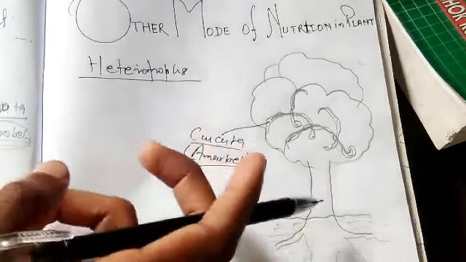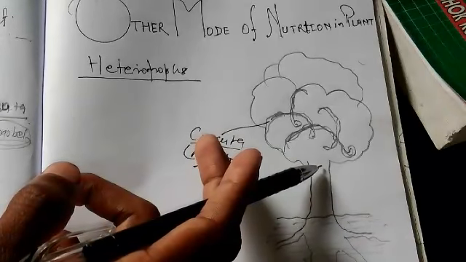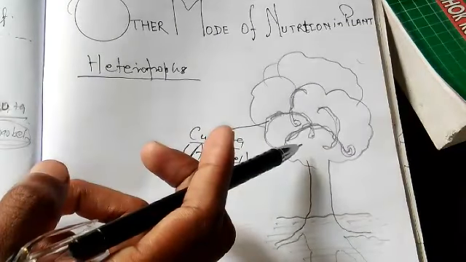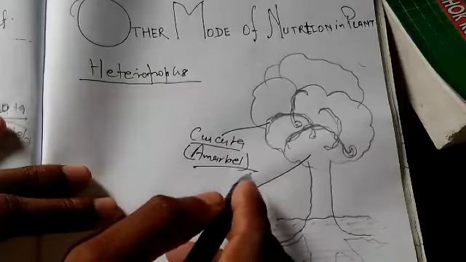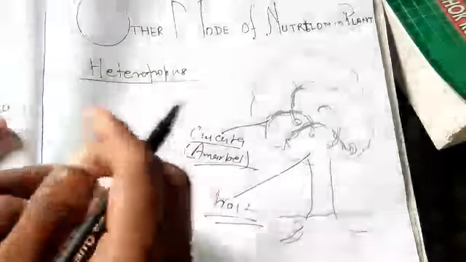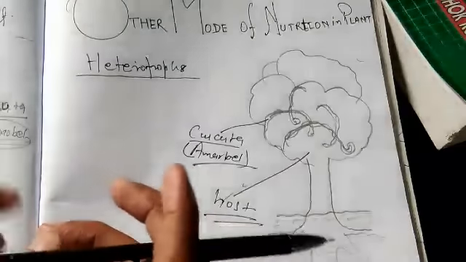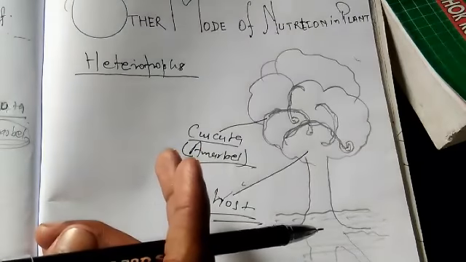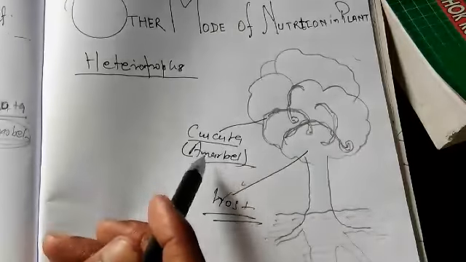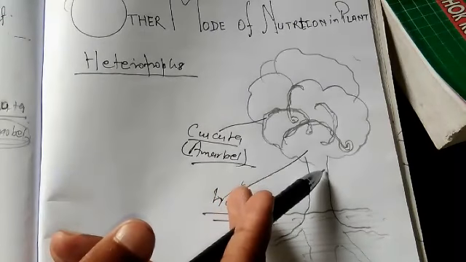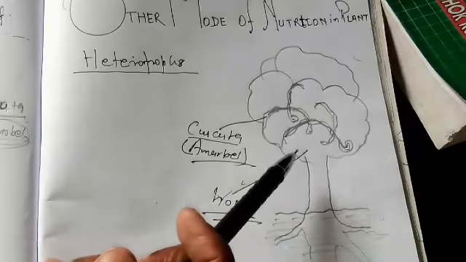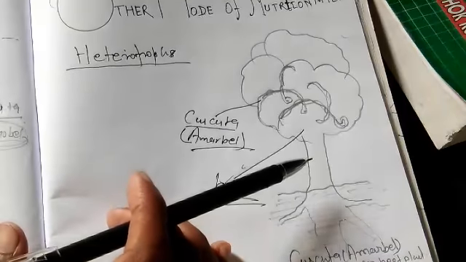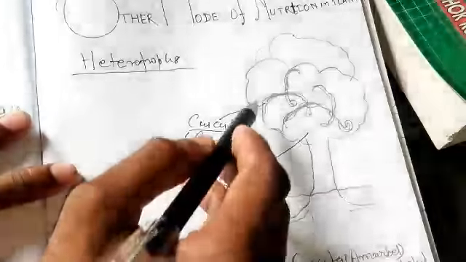It takes ready-made food from the plant on which it climbs, and the plant on which it climbs is called the host plant. Since Amarbel deprives the host of valuable nutrients, the Cuscuta plant is called the parasite.